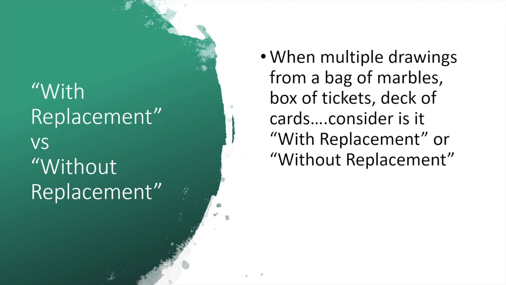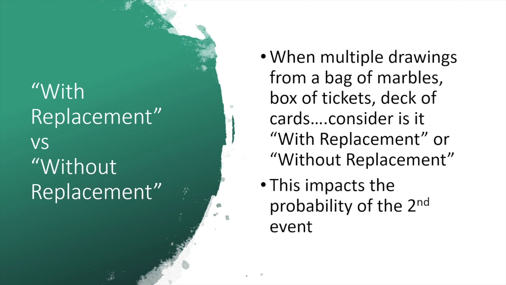Or am I keeping the item outside the bag or the box or whatever we're working with and drawing a second time? So in your head, always think about with replacement or without replacement, because this will impact the probability of the second event happening. And we'll do an example to explain what we're talking about here.